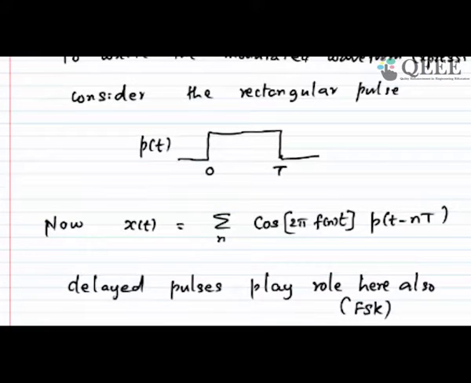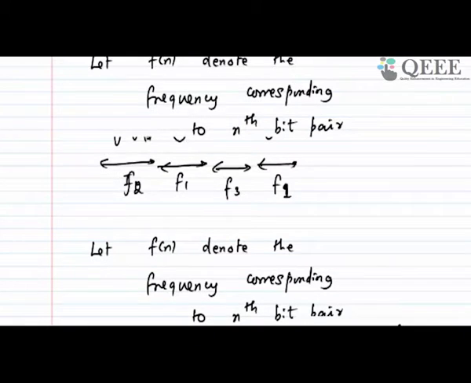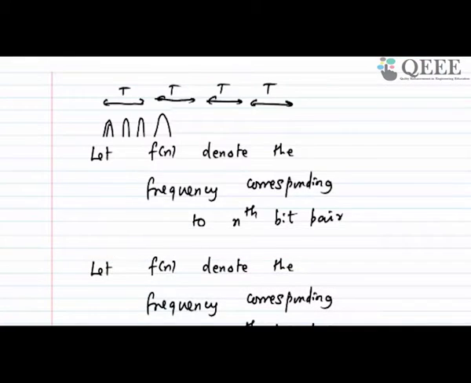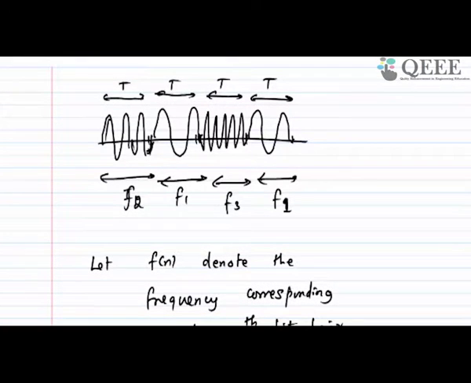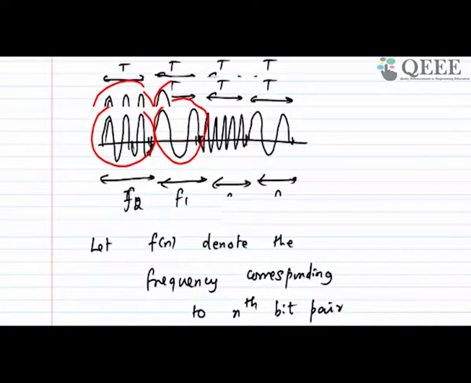Suppose this portion for instance is obtained by multiplying the cosine waveform with this pulse p of t. Now this portion is obtained by multiplying the cosine waveform with the pulse delayed by t seconds. Okay, so mathematically this is what is happening.